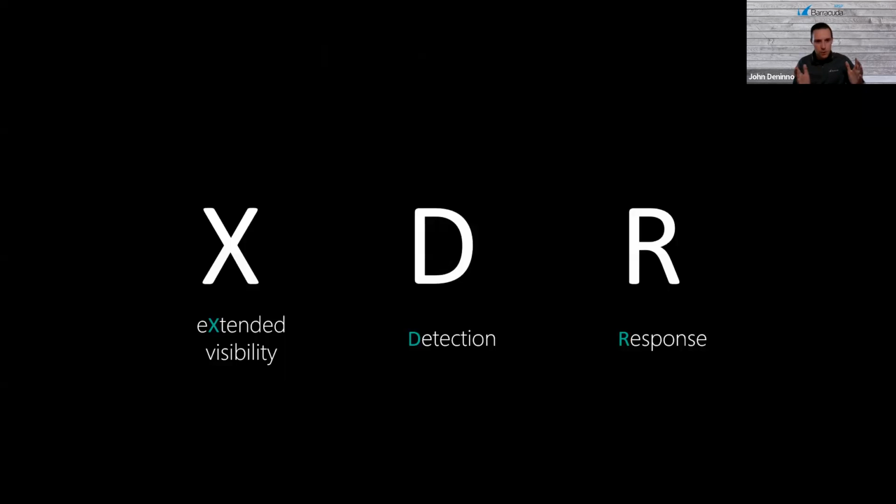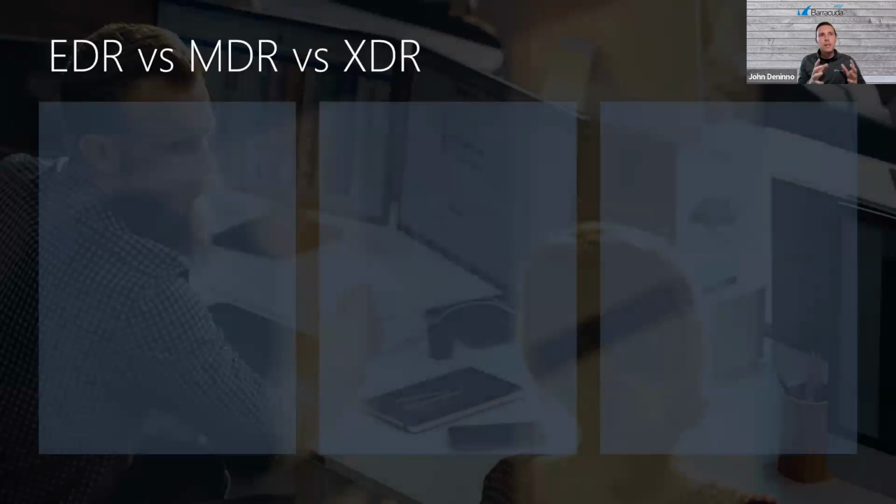What is XDR? Extended Detection and Response, or XDR, collects and correlates data across multiple security layers like email, endpoint, network, and cloud. So let's take a look at how we got here and the various acronyms that we often hear. Many of you have maybe heard of EDR and MDR, right?